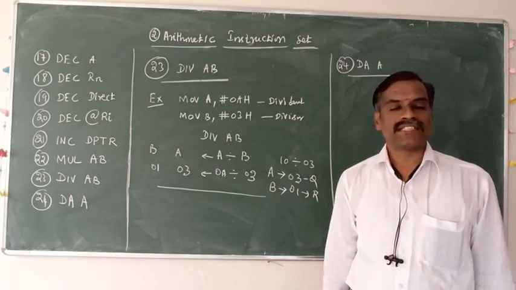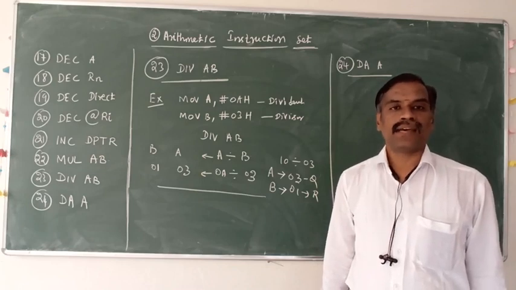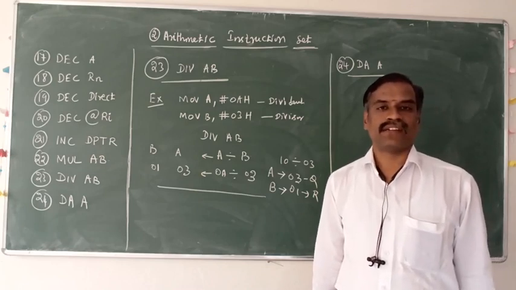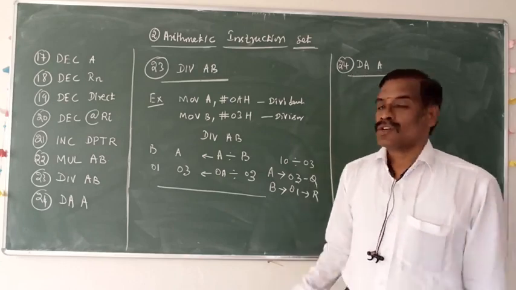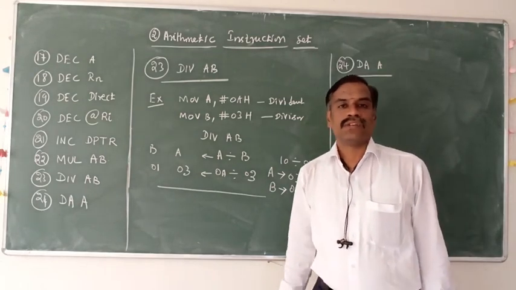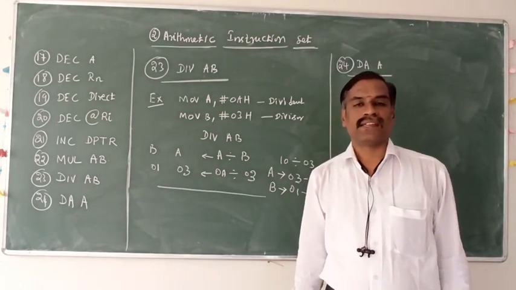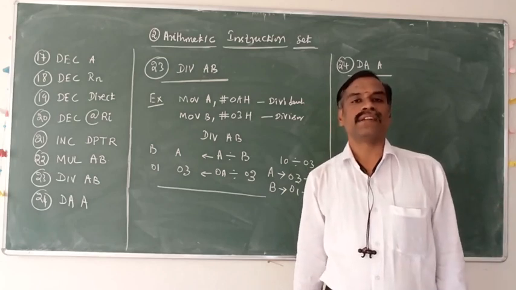If you want the result changed into decimal format after ALU operation, we can use the DAA instruction. DAA means decimal adjustment of the accumulator, to convert the hexadecimal result into decimal result.